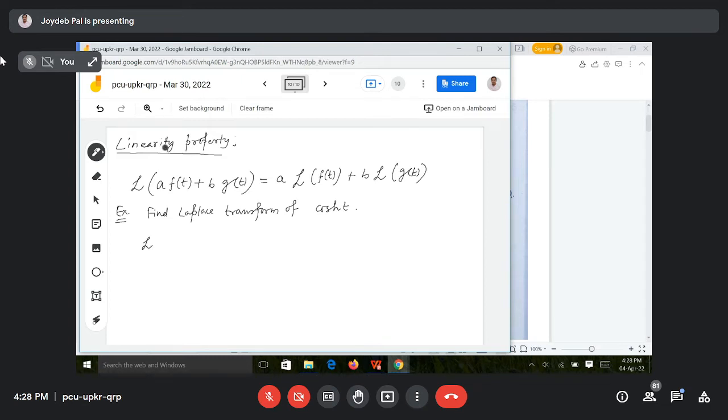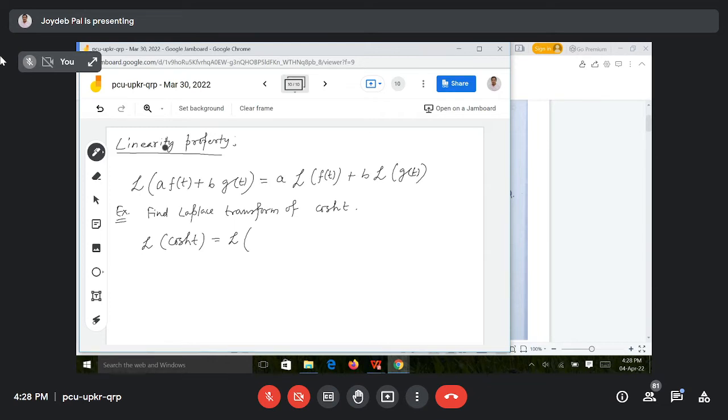So Laplace transform of cos hyperbolic t is equal to, do you know the formula for cos hyperbolic? In ODE I told you, it was in the first semester, right? Cos hyperbolic function.